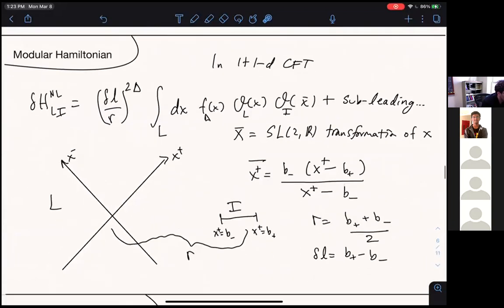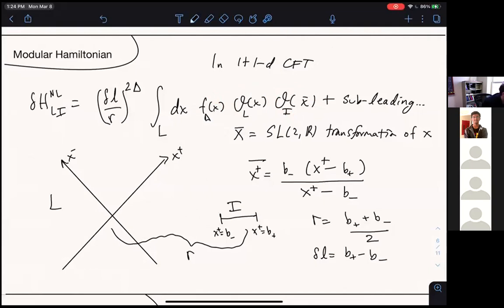But what we find is that in the leading small delta L over R limit, so this long distance limit, there's actually a single integral and they're correlated. So this delta HLI is just an integral of O in L times O at its corresponding point in I, times some smearing function.